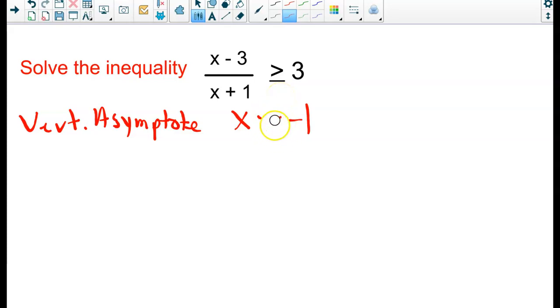And I'm actually going to change that to x equals -1 is the vertical asymptote, which is a vertical line, right?